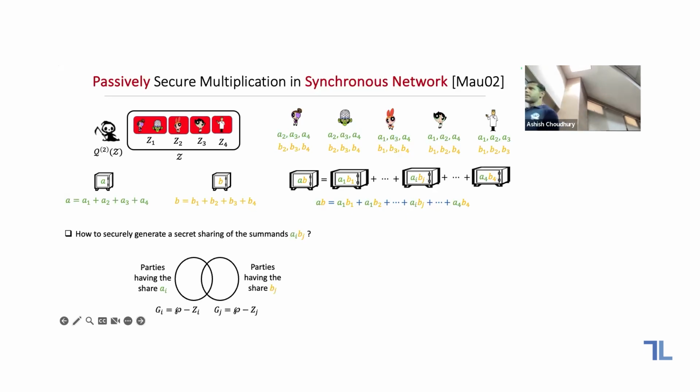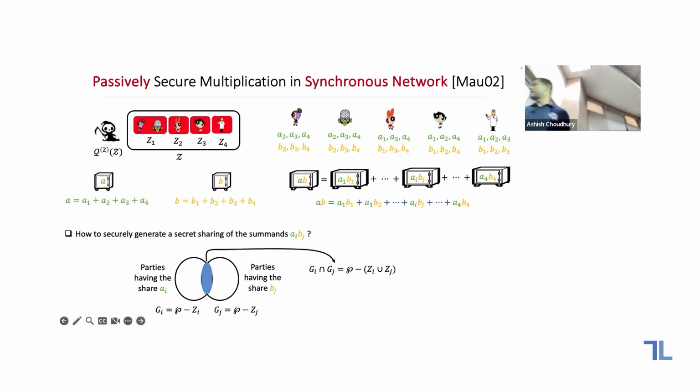And the share Bj is available with all the parties except the jth candidate bad subset from the adversary structure. Is there any overlap between these two subsets? So if I write this subset here, this is basically the set difference of the union of the ith subset and the jth subset from the adversary structure. What do you think? Is this empty or non-empty? Given that you are with the Q2 condition, it's non-empty.